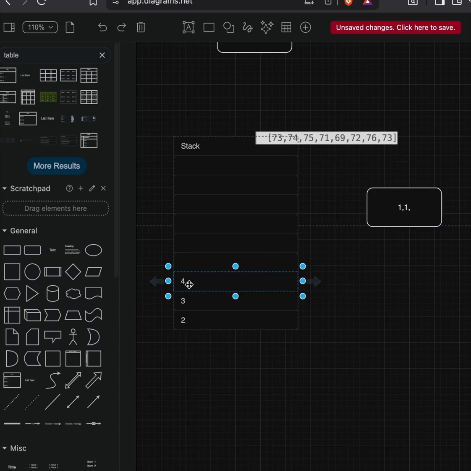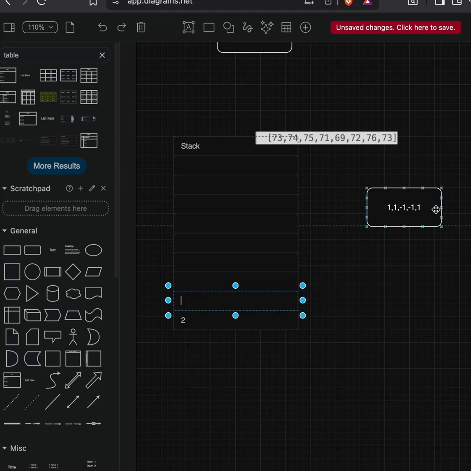So the answer for 69 will be 1, because 72 is at the 5th index and 69 is at the 4th. Now the third index, 72 is greater than 71 as well, yes it is greater, so we will pop that one also out.